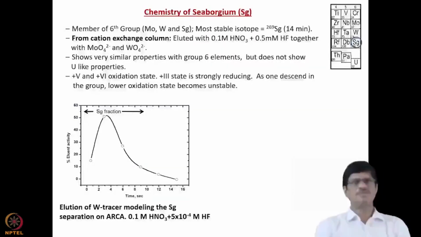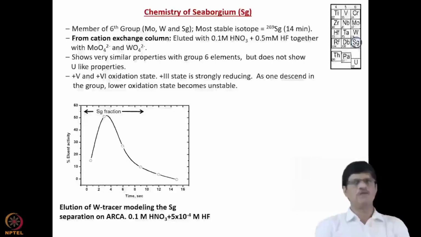The last part in this series is the chemistry of seaborgium. Seaborgium is known to be a member of the sixth group, that is molybdenum and tungsten, and it can also have uranium as a pseudo homologue. So when the experiment is carried out, for example, cation exchange column studies using ARCA, the elution was done using 0.1 molar nitric acid and 0.5 millimolar hydrochloric acid together with MoO4 2- and WO4 2-.